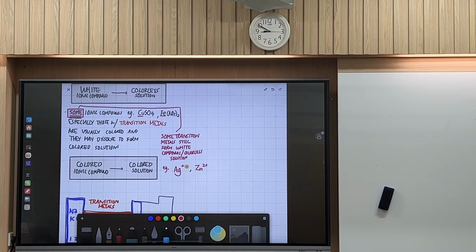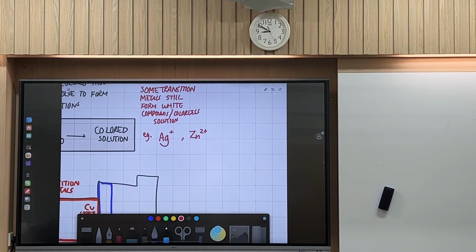Remember silver nitrate? Do you remember doing an experiment on silver nitrate? The silver nitrate, is it colored? It's not colored, right? So that way, you know silver nitrate is colorless because it contains silver ion. We did a lab on that, right? So recall that silver nitrate, AgNO3, is a colorless solution.